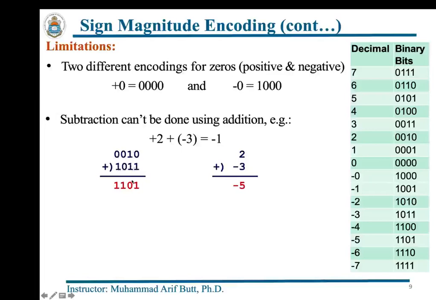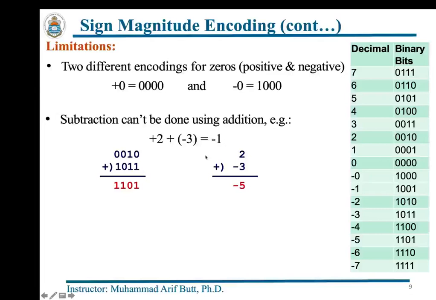If I add these two numbers they add up to something like this, which says in sign magnitude, a negative number. This one represents a negative number, and this 101 means 5. So the answer is -5, while the answer should be -1.